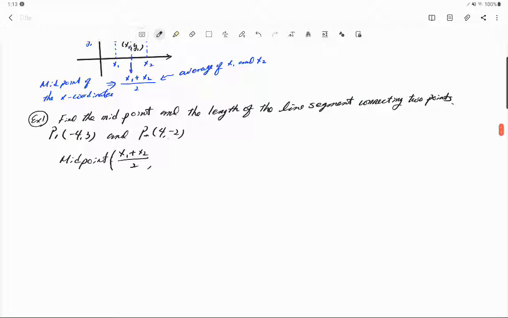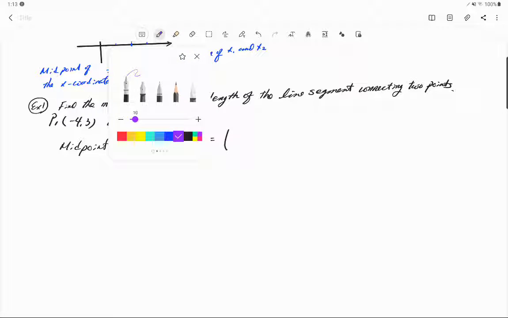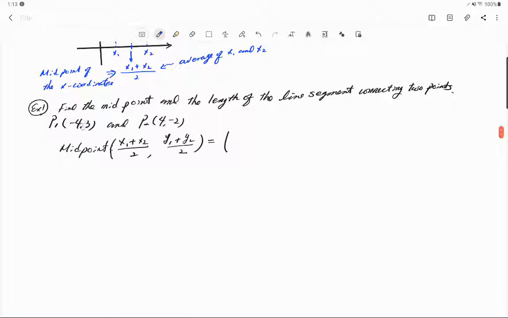And the y coordinate is the sum of the 2 y coordinates divided by 2, right? So let's say this is x1, y1, and this is x2, y2.